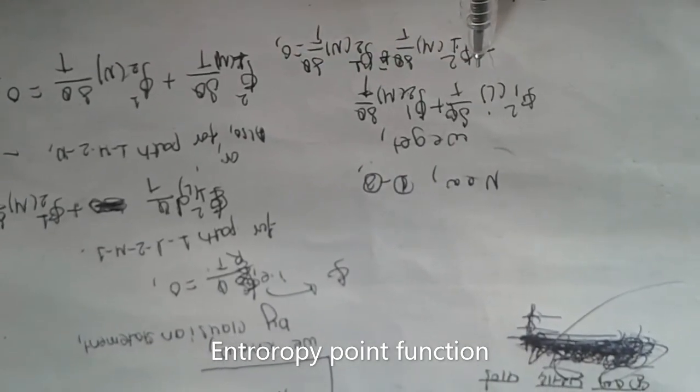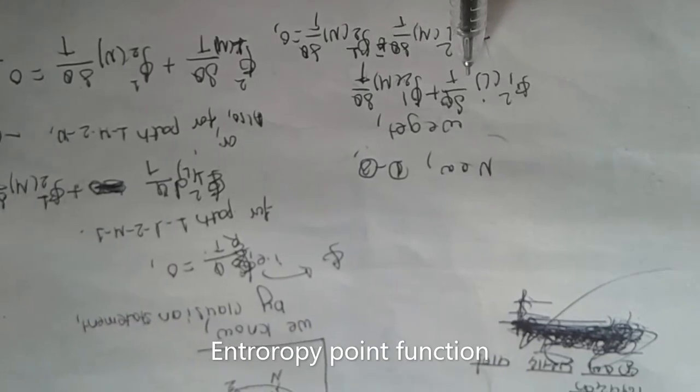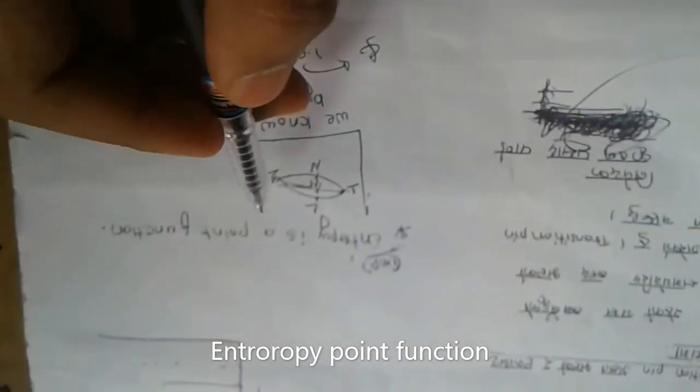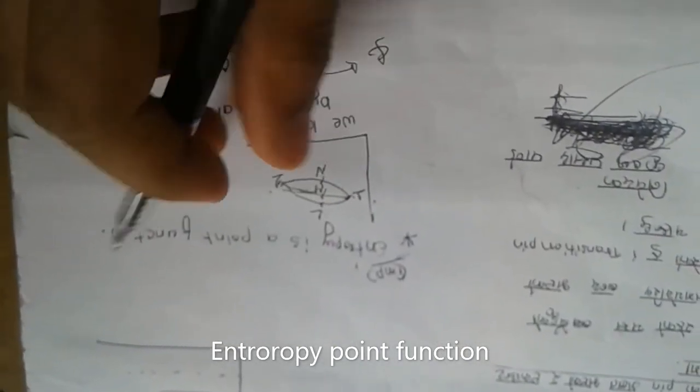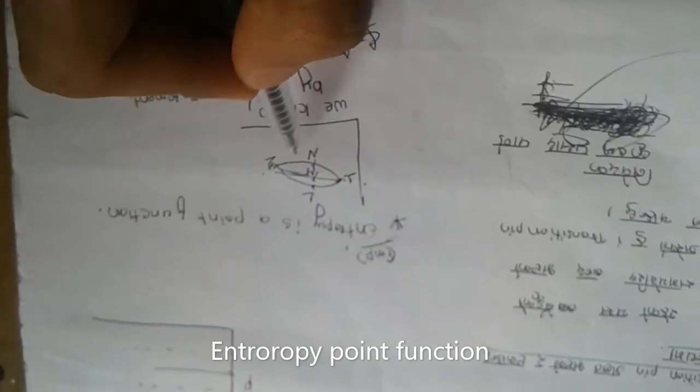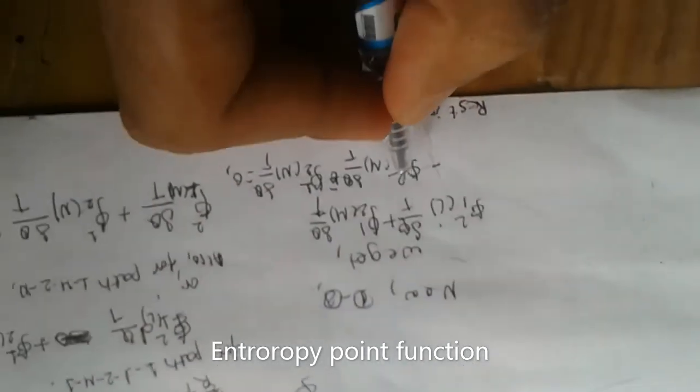Now what we have here is the L path and the M path. This is from 1 to 2 and this is from 2 to 1. That means 1 to 2 and 2 to 1 cover the same area. The area under the curve is the same, so they cancel each other.